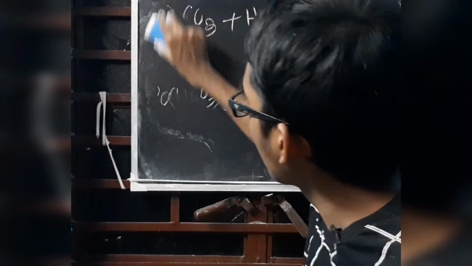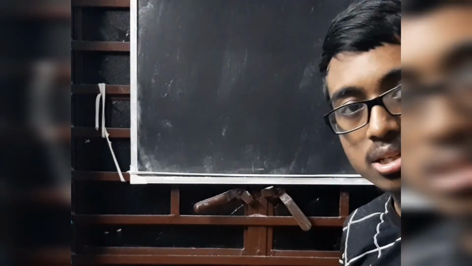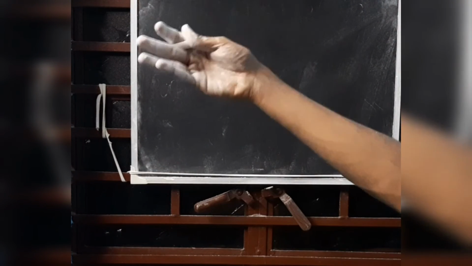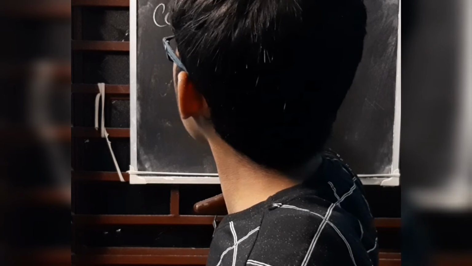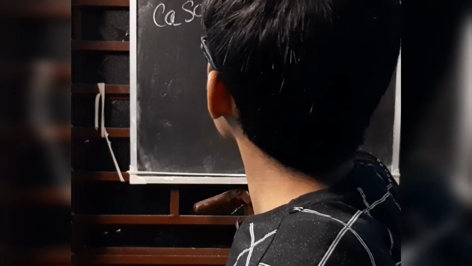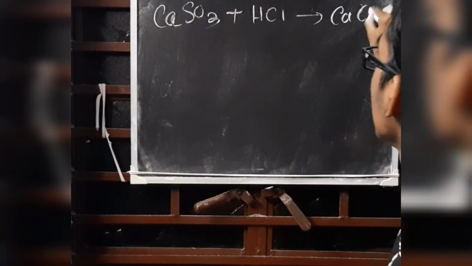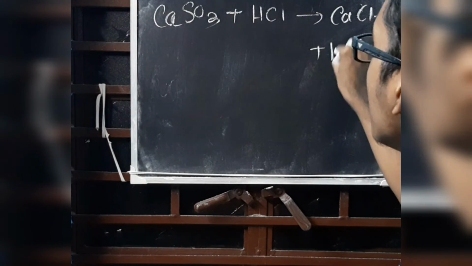Next is reaction on sulfite and bisulfite. What is sulfite? SO3 2 minus. Bisulfite is HSO3 minus. Let us take calcium sulfite and add HCl to it. What will form? CaCl2, common sense. What else?